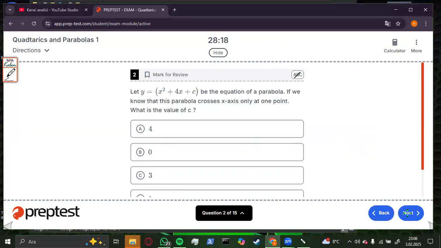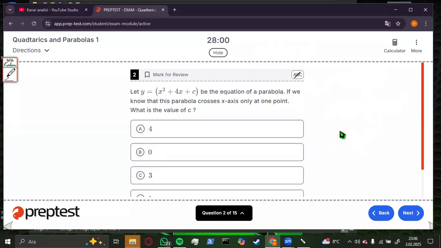Okay, so let's check this question. Equation B is the equation of a parabola. If we know that this parabola crosses the x-axis at only one point, what is the value of c?